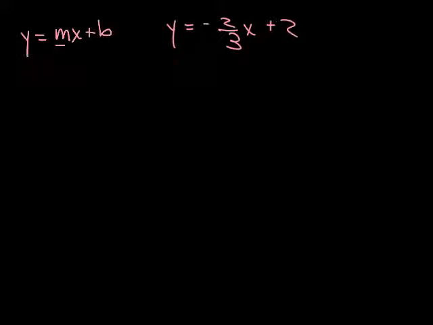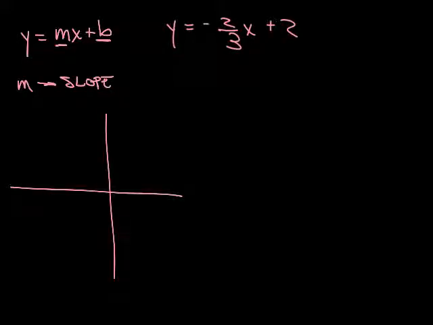Okay, so this m is a number and this b is a number, and then the x and y are just on there. Okay, so what is m? M is a symbol for the slope of a line, and you've done all this before. But the slope goes from up to down or down up a certain measurement, and that measurement is called the slope.